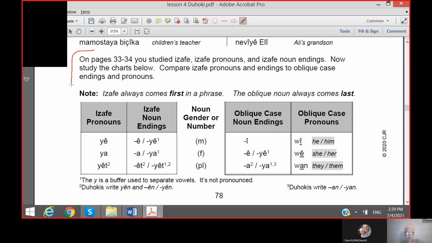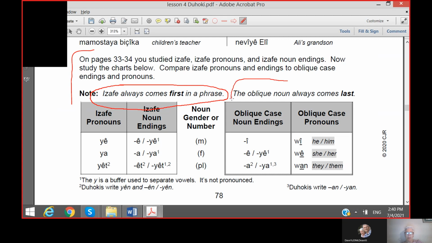On pages 33 and 34, you studied izafe pronouns and izafe noun endings. Now study the charts below and compare izafe pronouns and endings to oblique case endings and pronouns. And remember, izafe always comes first in a phrase.